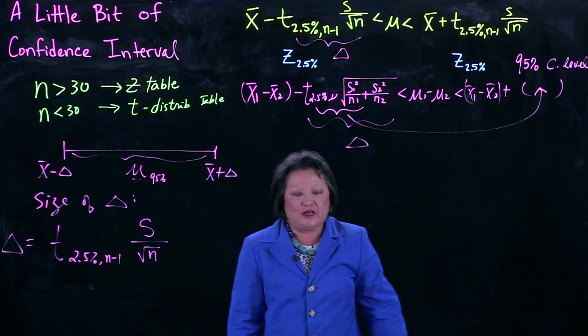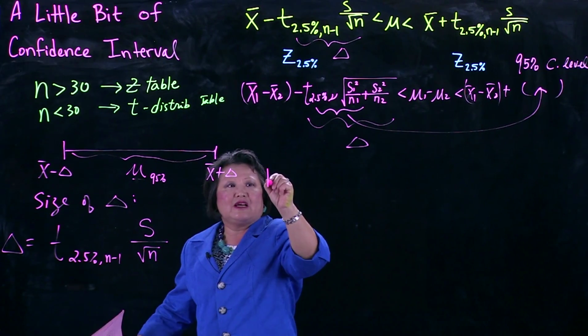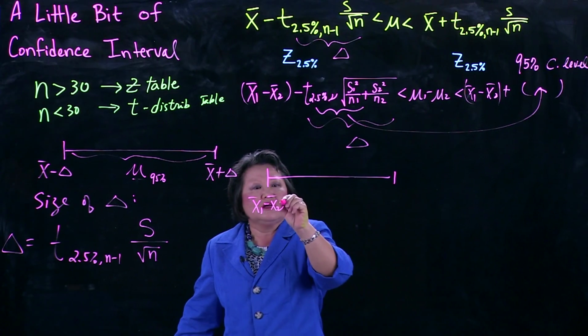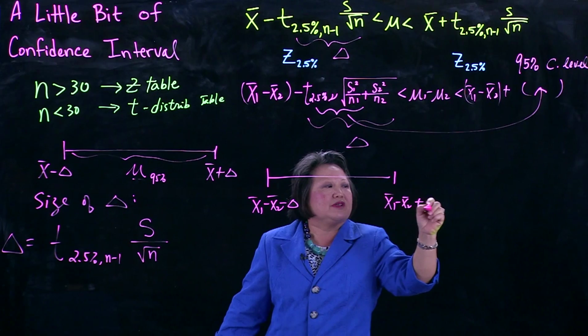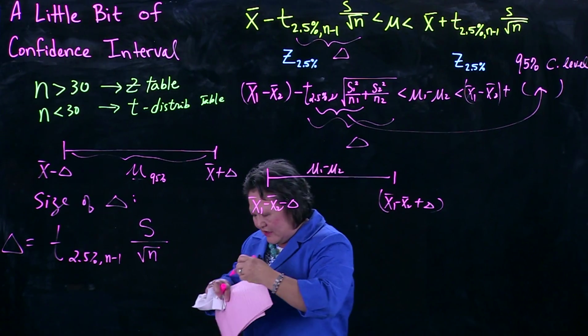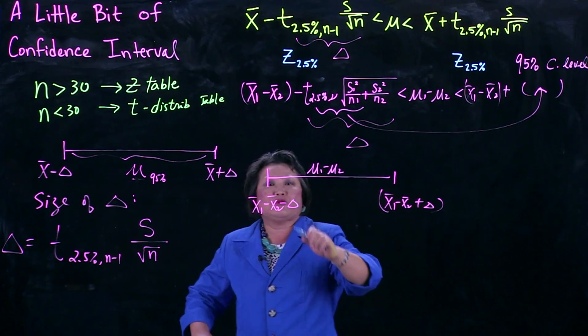Let's construct the interval. It's going to be X1 bar minus X2 bar minus something, to X1 bar minus X2 bar plus something. You say, this is mu1 minus mu2. I don't know where the true difference is, but I can tell you with 95% it's somewhere in here.